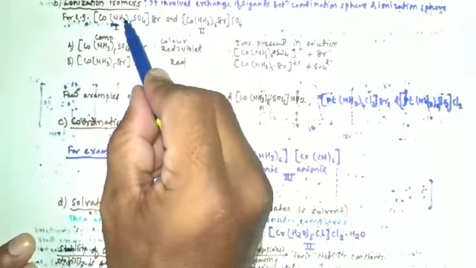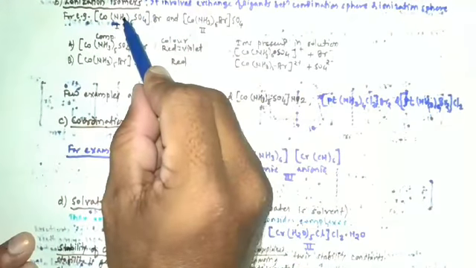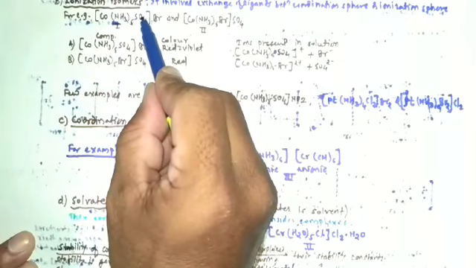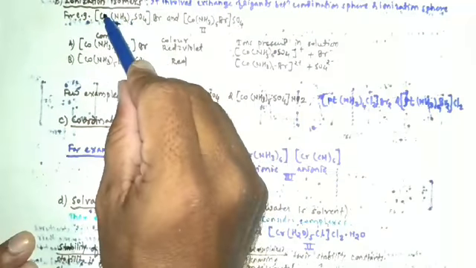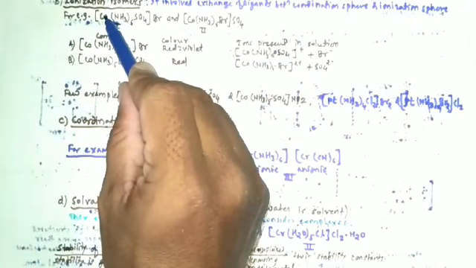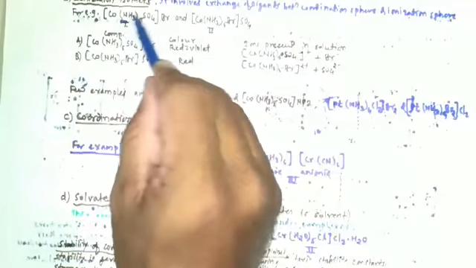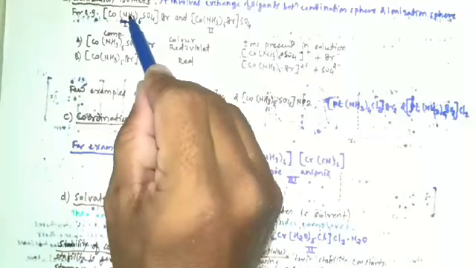In the first complex, the anion SO4 2 minus is bonded to the central metal, that is cobalt. So it is in the coordination sphere. This sphere is the coordination sphere.